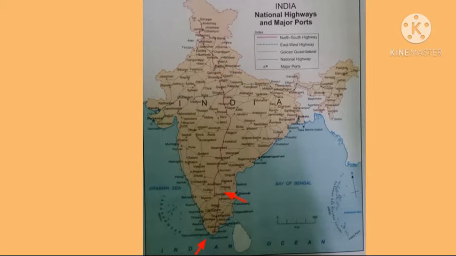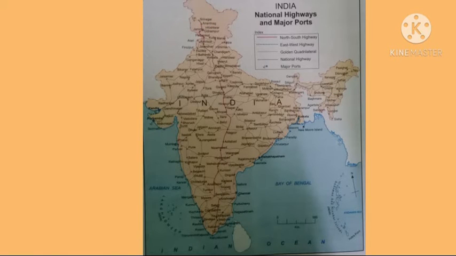Fourth question: which parts of India have a sparse network of transport? What could be the reason? If we look into the map, we can understand that in the northernmost and the northeastern part of India, we can see a sparse network of transport. What is the reason?